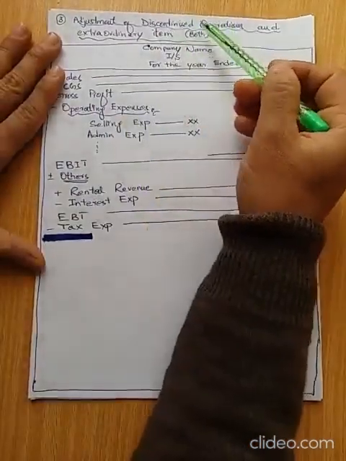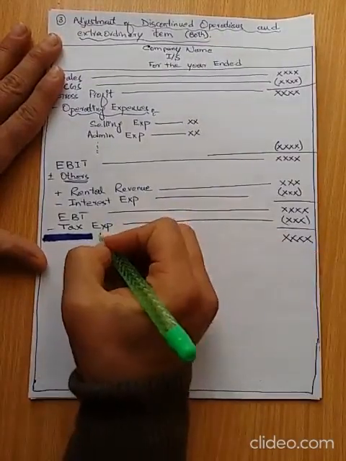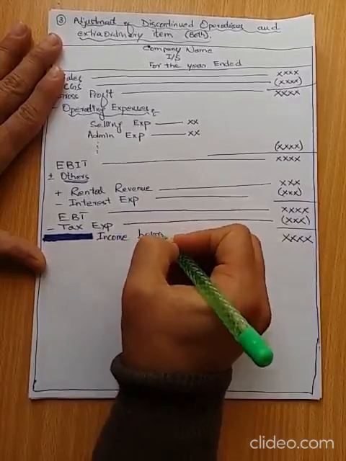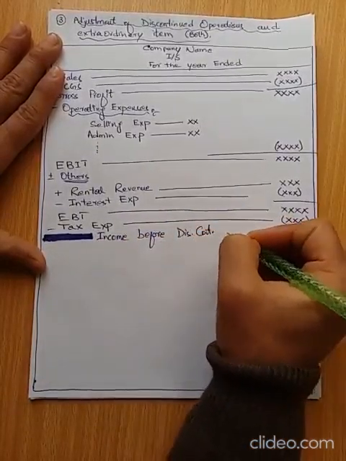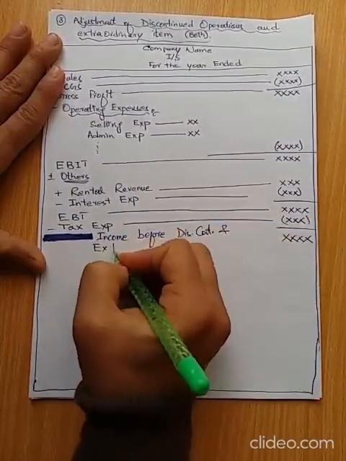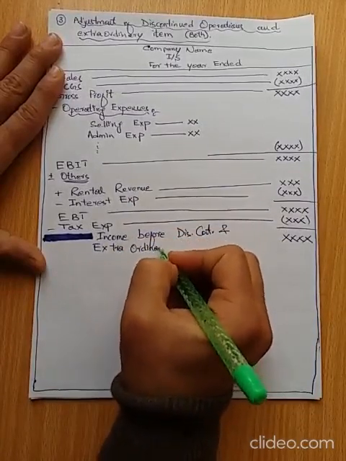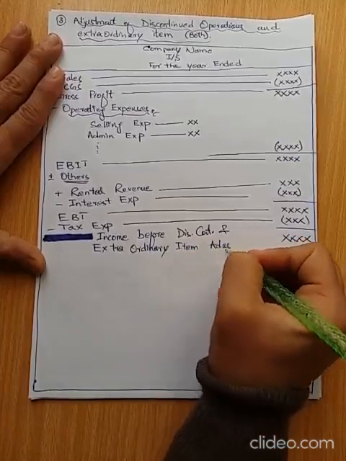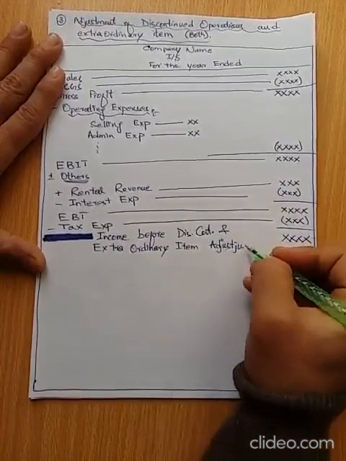Now as we have both of them available in this numerical now, so what we will do is I will write here income before discontinued and extraordinary item adjustment. So here I have written both of the names here.